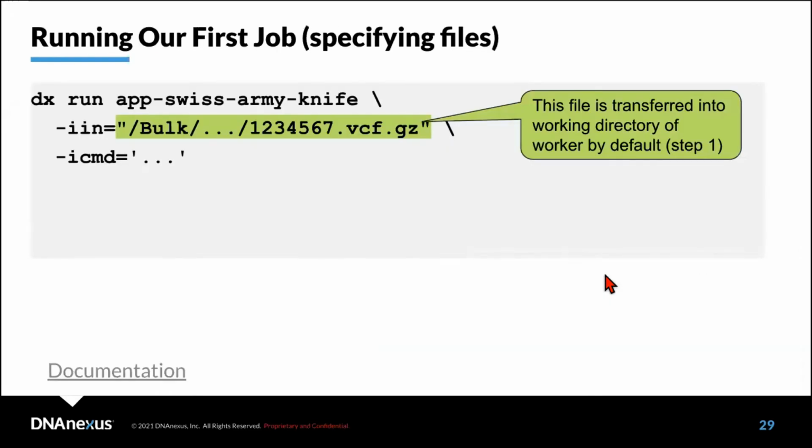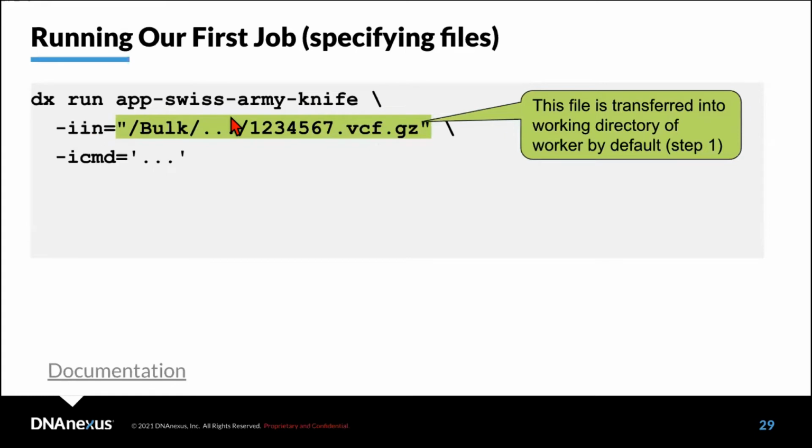And the files that we're specifying here in our iin parameter, here's our gzipped VCF. It's transferred into the working directory of the worker by default. That means this file path will not exist, so we can just call it by name without specifying a file path.